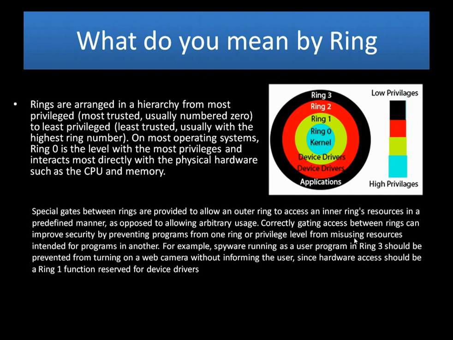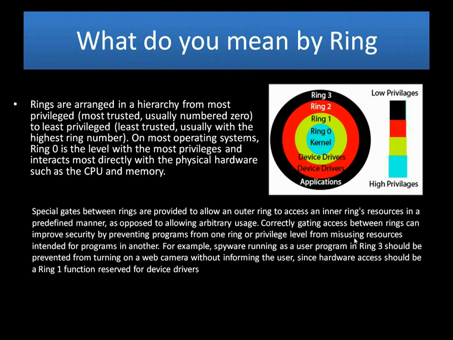Special gates between rings are provided to allow an outer ring to access an inner ring's resources in a predefined manner, as opposed to allowing arbitrary use. Correctly gating access between rings can improve security by preventing programs from one ring or privilege level from misusing resources intended for a program in another.